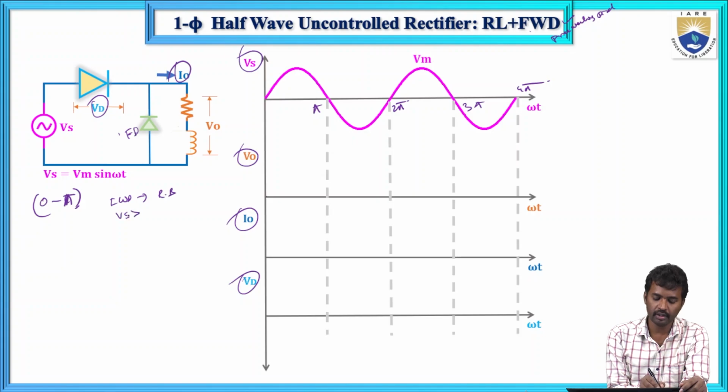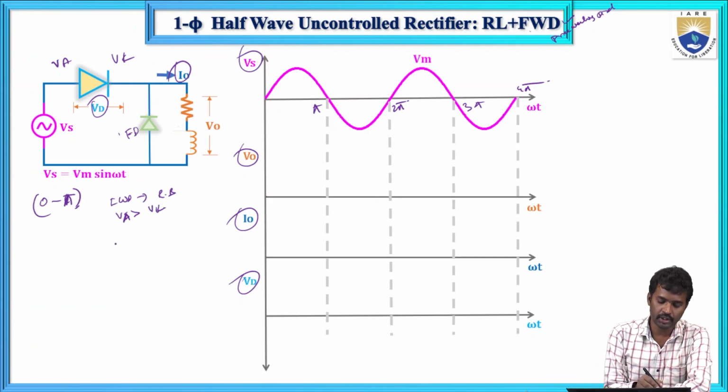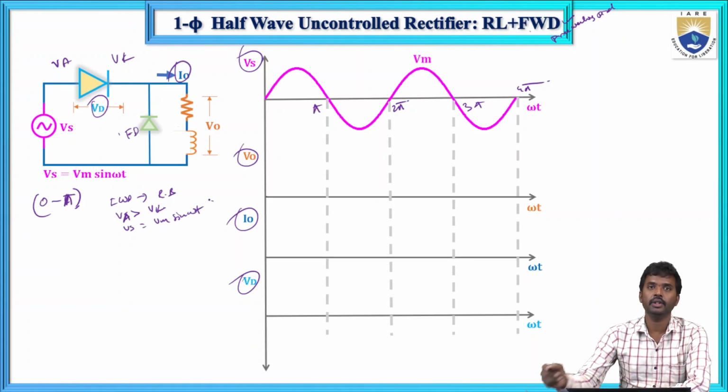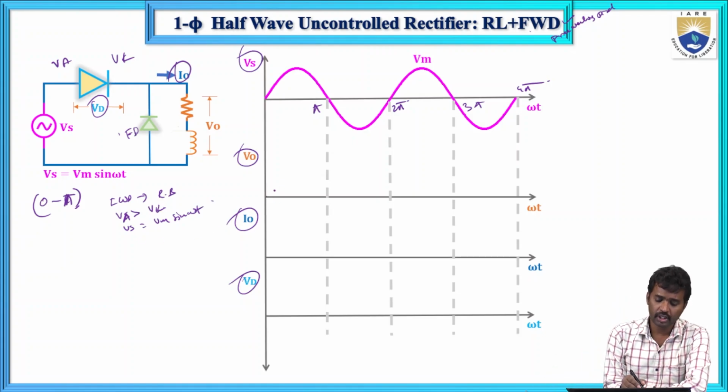Vs is greater than zero, the anode voltage VA is greater than the cathode voltage VK, and the supply voltage Vs equals Vm sin omega t. Now what will happen? In this case it is an open circuit, so it acts as an open circuit. So V0 equals Vs equals Vm sin omega t. It will follow the supply voltage.